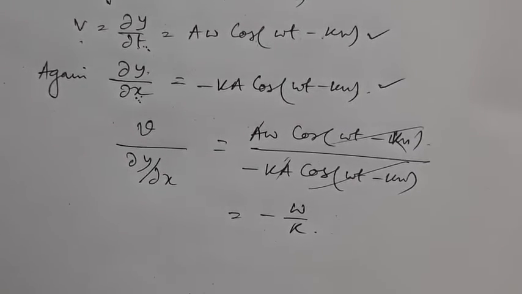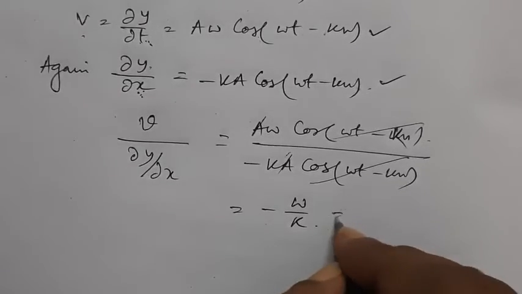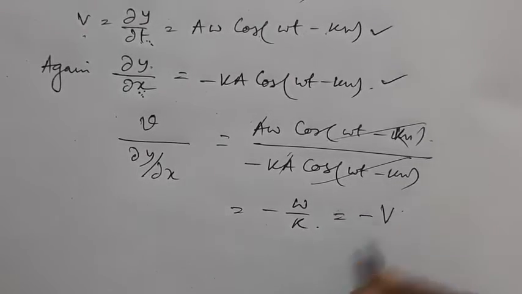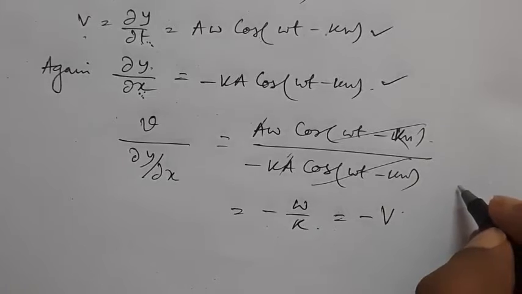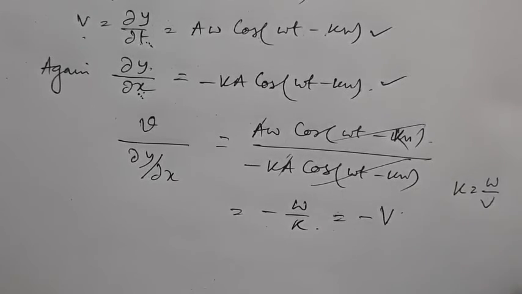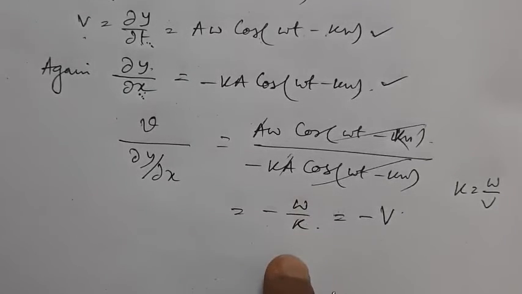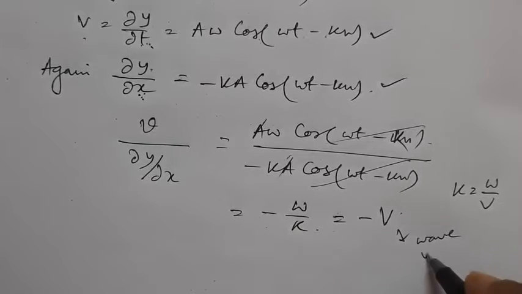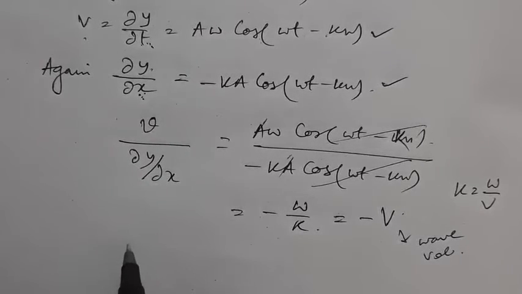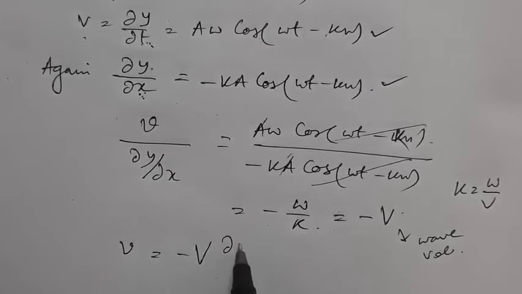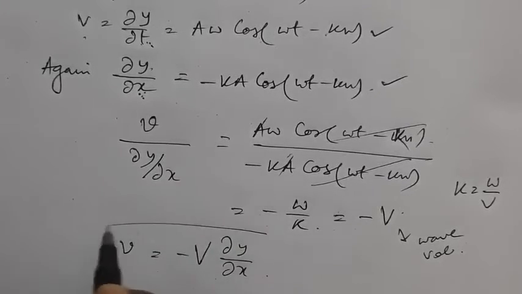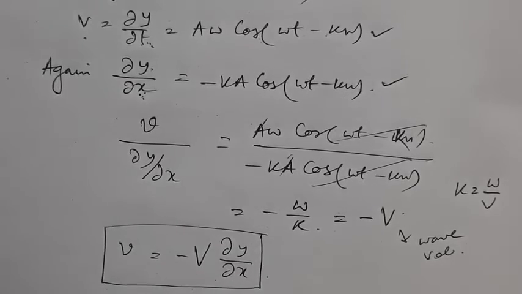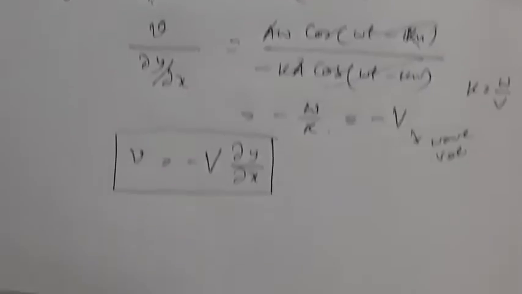Now omega by k was V, because we have already derived that k is equal to omega by V. So omega by k is V, the wave velocity. So v is equal to minus V del y by del x. This is the relation between the particle velocity and the wave velocity.